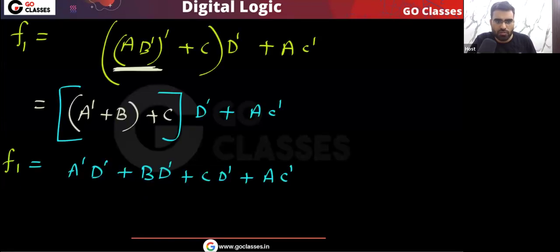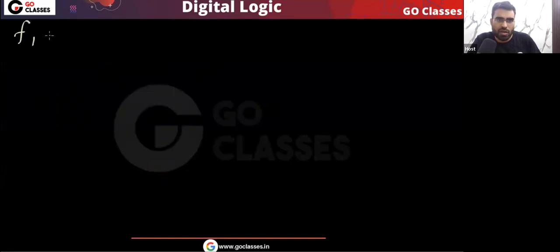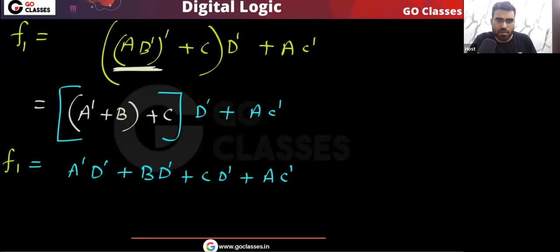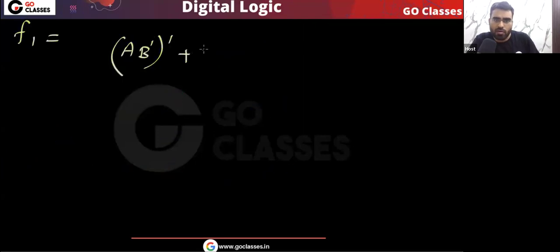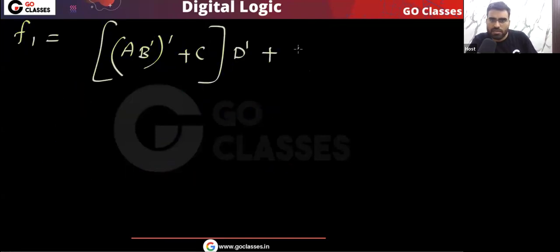Okay. So actually the question is asking complement of f1. So this is what we can do. f1 is given to you, that is (a b bar) whole bar or c d bar or a c bar. Okay, this is the f1, but the question is asking f1 complement.